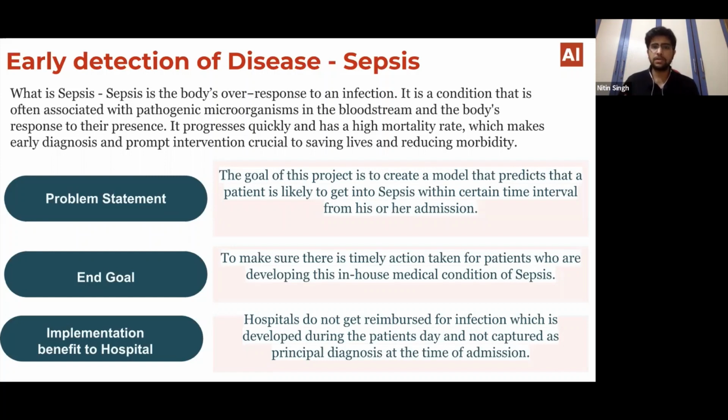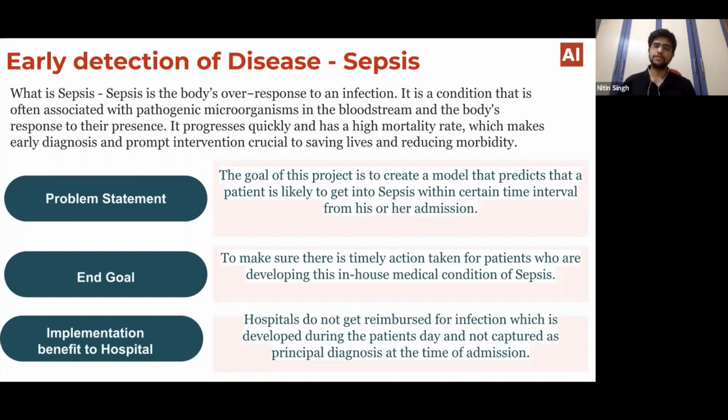The overall patient stay would increase. The hospital would have to treat the patient for the infection at their own cost. There will be no reimbursement happening to the hospital from the provider.